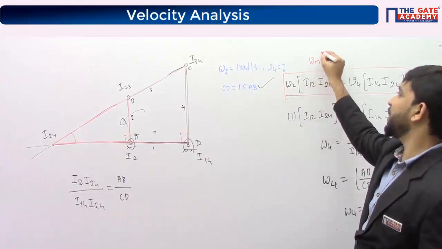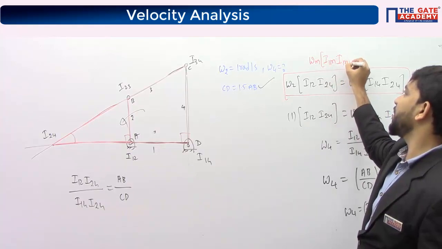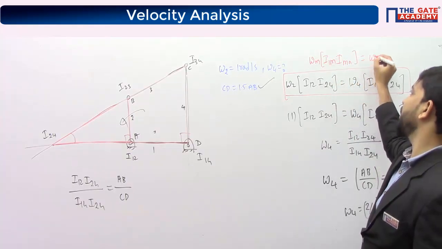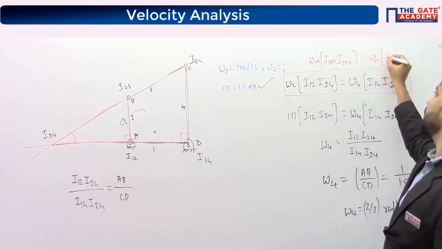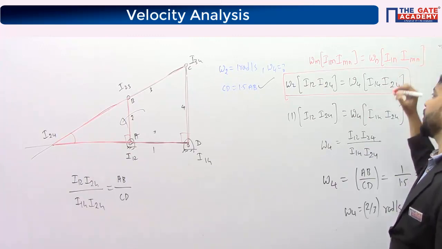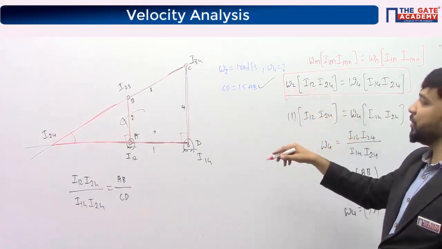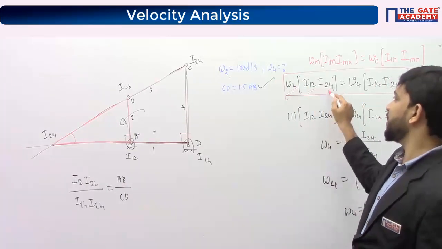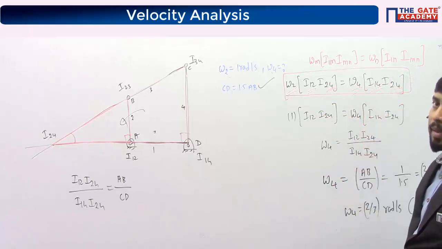Whenever you write omega m here, it should be I1m, and the common I center is Imn. So this is omega m, this should be omega n. If this is omega n, it should be I1n, and for mn, the common I center is Imn. So now you write omega 2, so I12. You are doing velocity analysis for 2, 4, right? The common I center is 24. So this should be omega 4 and I14, I24.